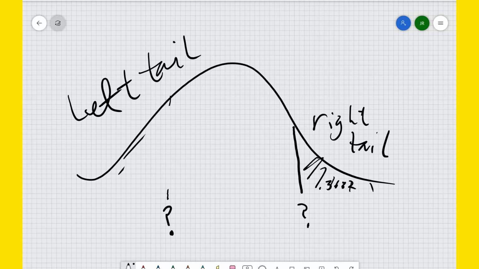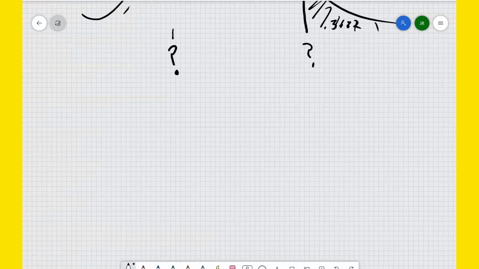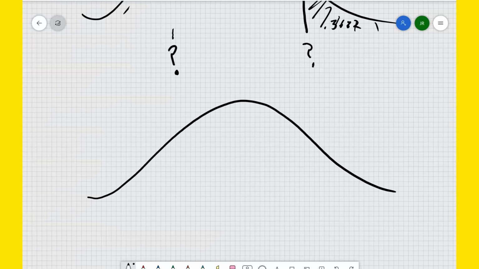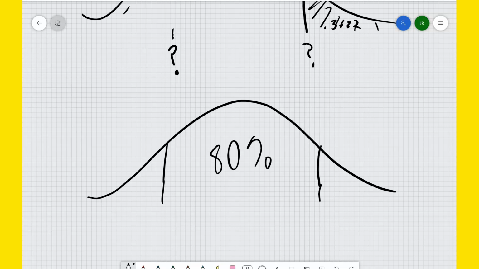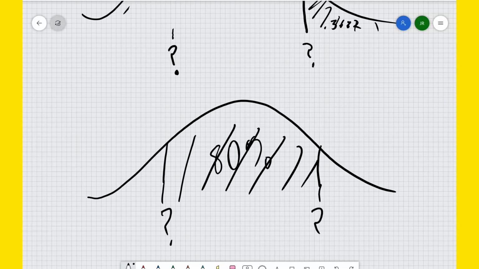Another problem might ask, what two values have 80% of the data between those two values? Let me see what it's called on the calculator. Yeah, it's just called center, or center tail.